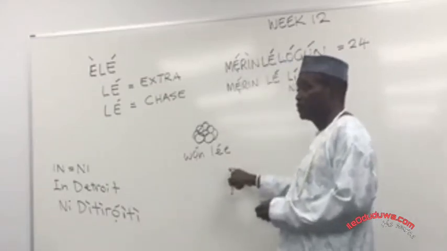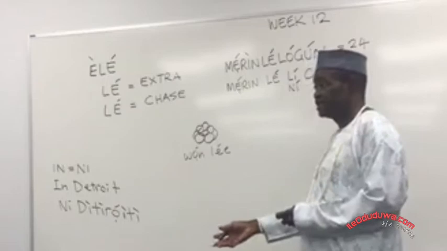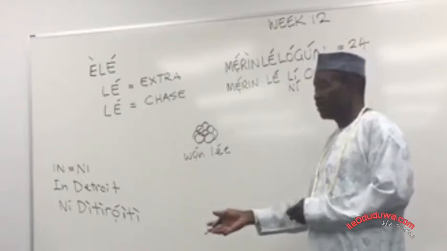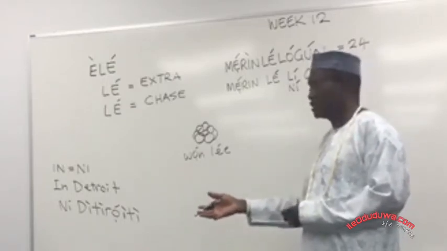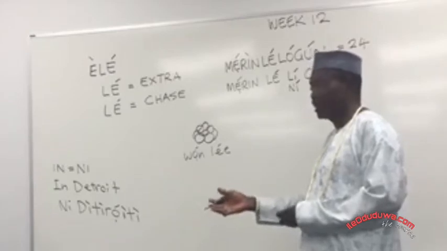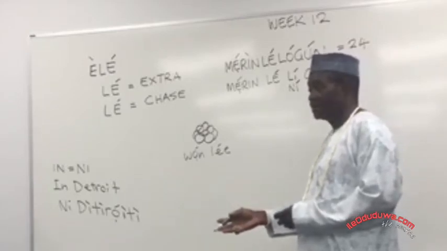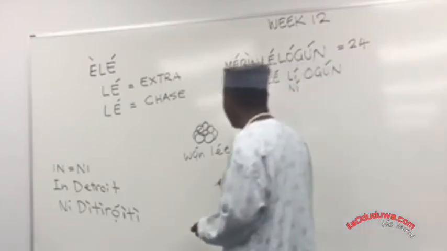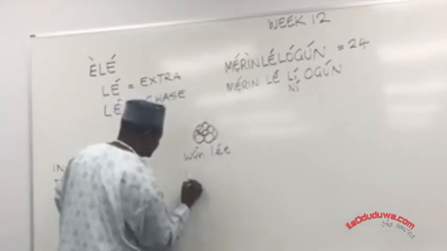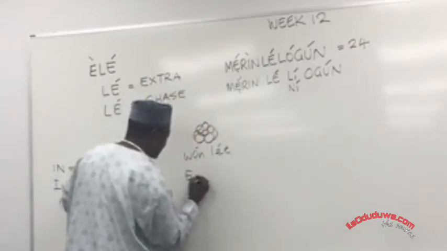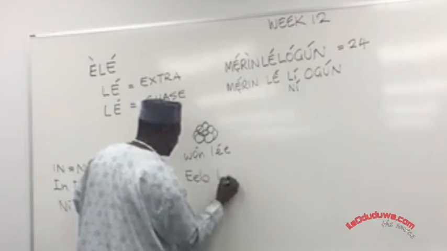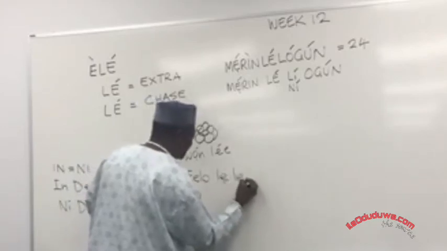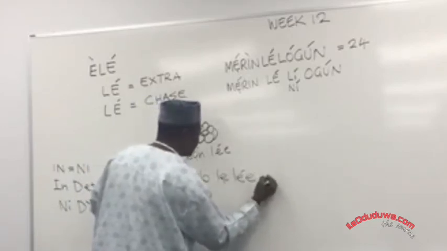So when you are asking the lady who is selling, or the man who is selling the onions or whatever is stacked up like that, you will say Elu le, ele.